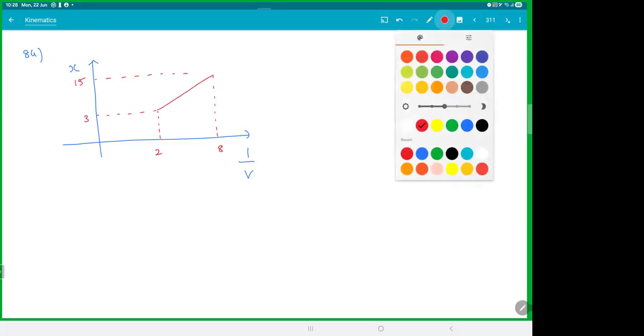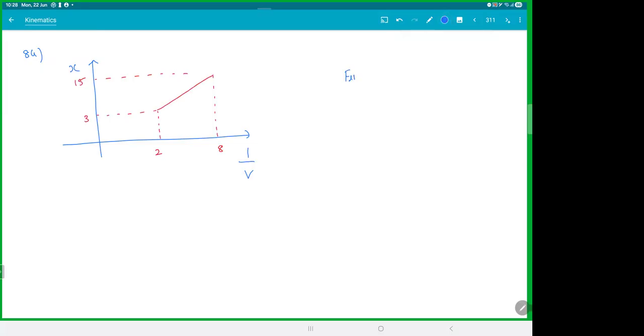You can clearly see. Find the time taken to go from x is equal to 3 meters to x is equal to 15 meters. Then another non-standard graph.